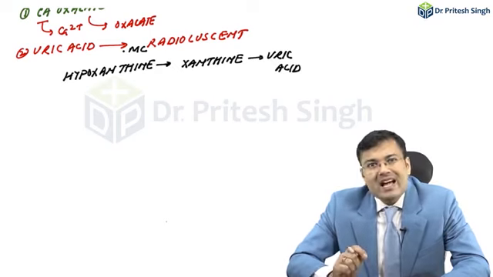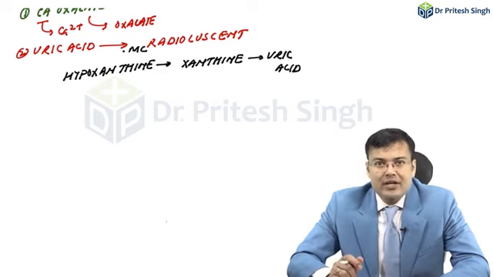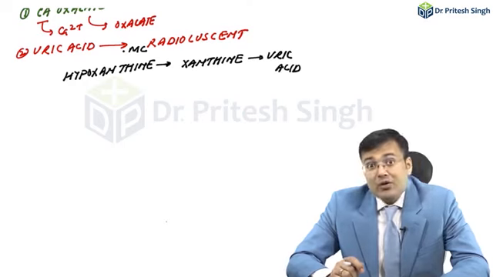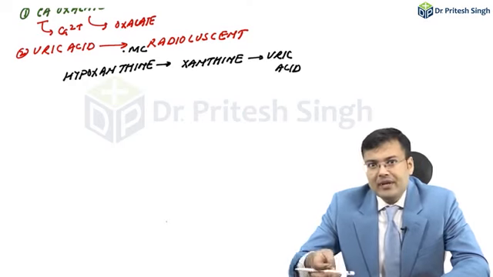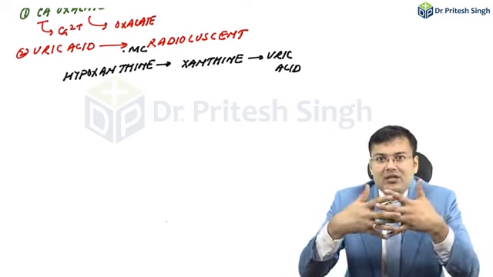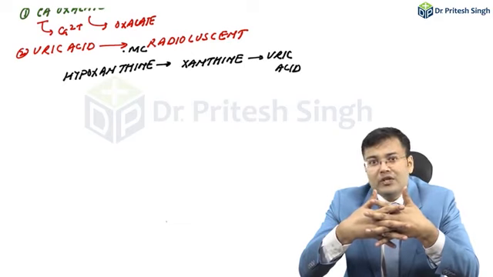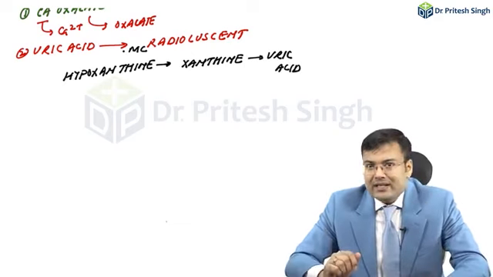Why? Because acidic stones are going to precipitate in acidic urine, and basic stones are going to precipitate in basic urine. But if we alkalinize the urine, what will happen? Acidic stone will combine with alkali, and there is formation of a soluble salt that will be excreted in urine.